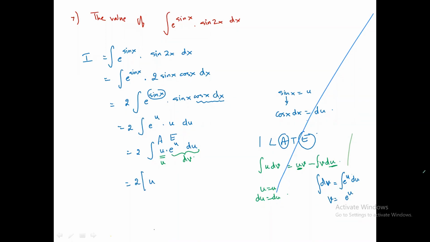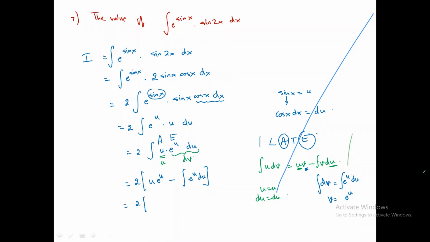V is e power u, because integral of e power u is e power u. So in that way, u, v. V I got e power u. Then minus integral v, I got e power u, du is du. This is how I have used the formula.